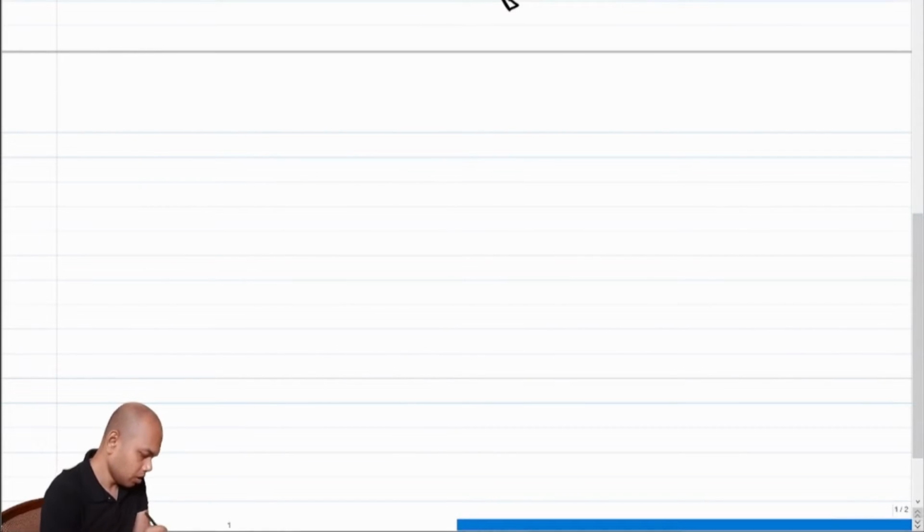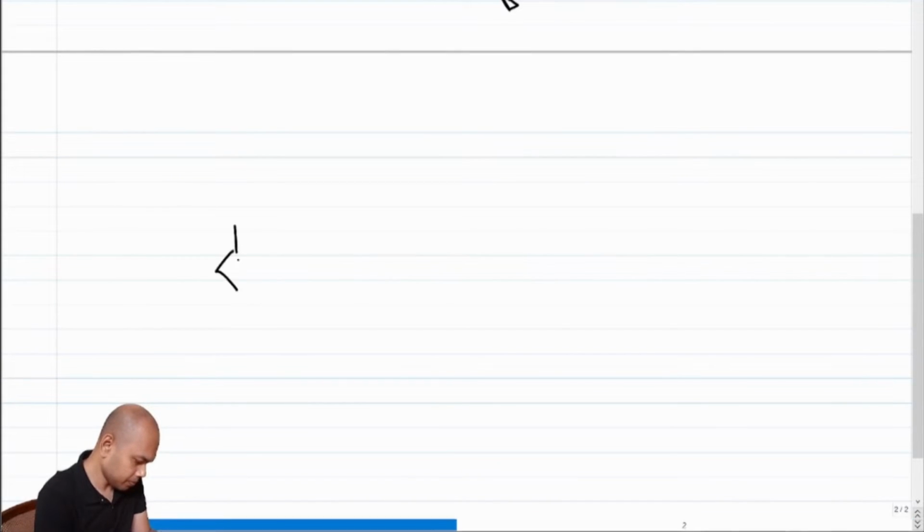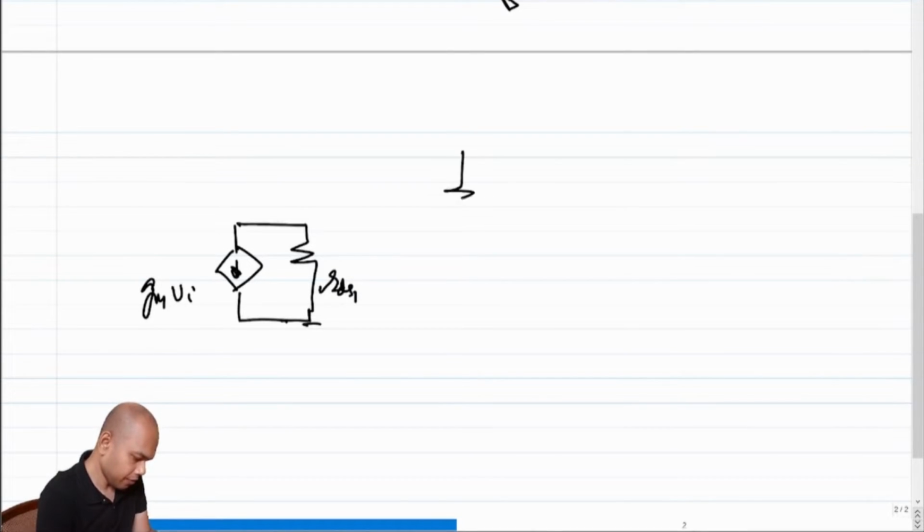Again, what is the incremental model of our common gate amplifier? So this becomes GM1 Vi. This is GD, let me call this RDS1, and we have the load RL. And we had to put a common gate amplifier, which we had used before. What is it?